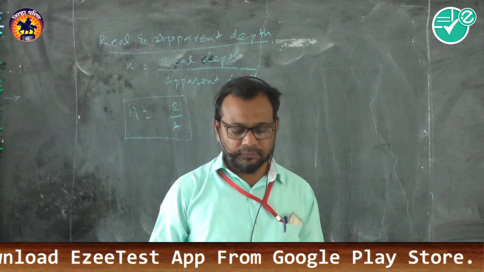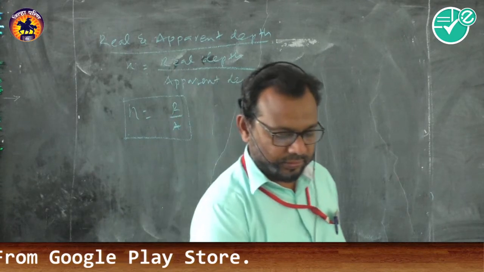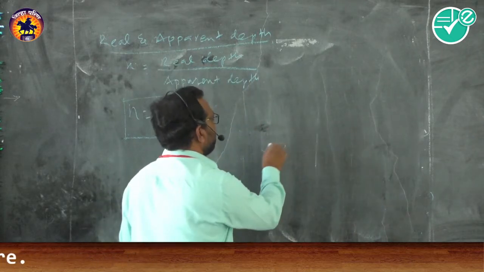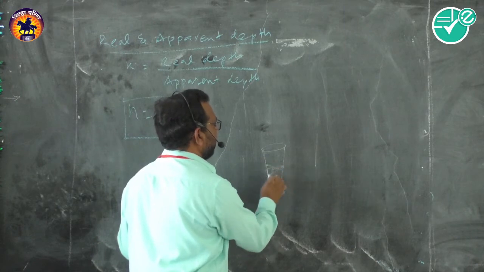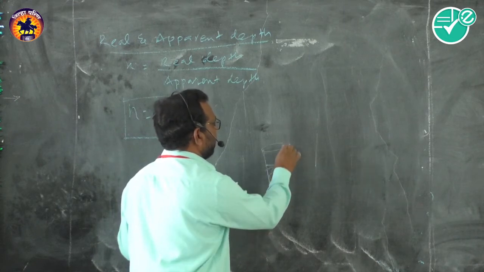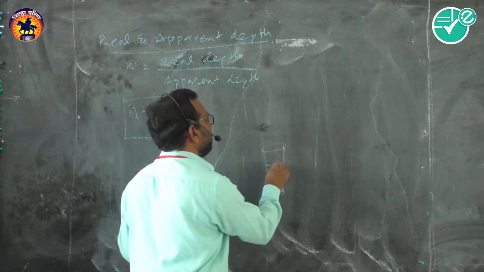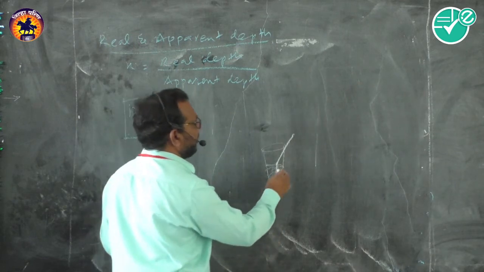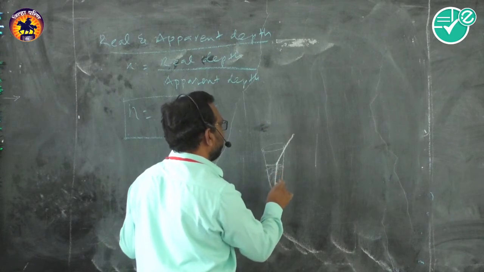Actually, when we put a stick in a glass utensil half filled with water, then the pencil looks crossed, and this is because of the refraction of light.